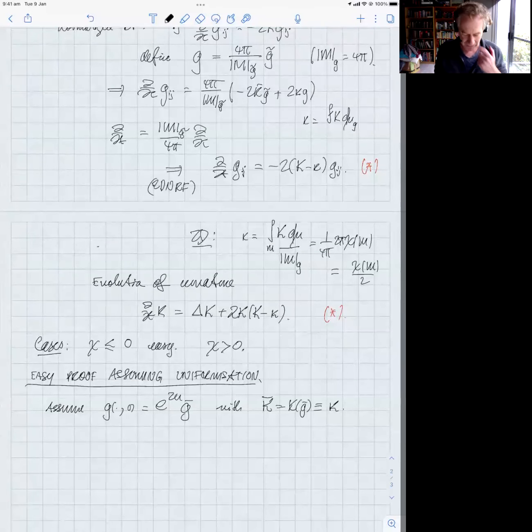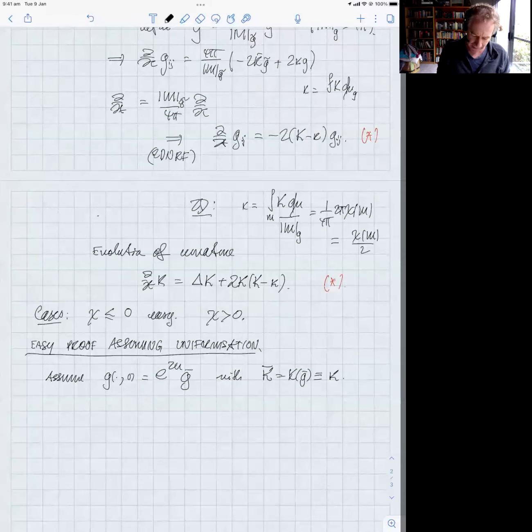We've already solved the uniformization problem and found this metric. Then let's write down what the normalized Ricci flow becomes. I want to write this now as an evolution equation for just this conformal factor u.